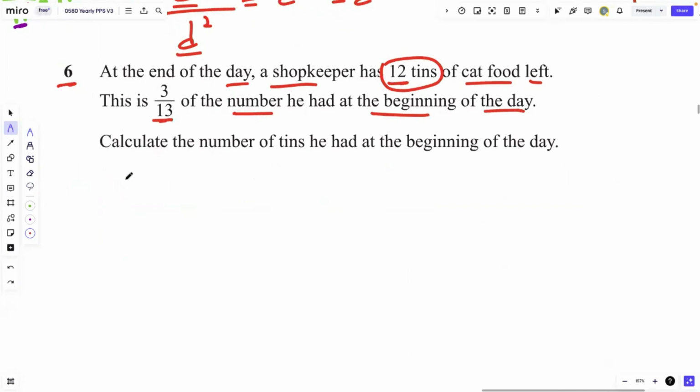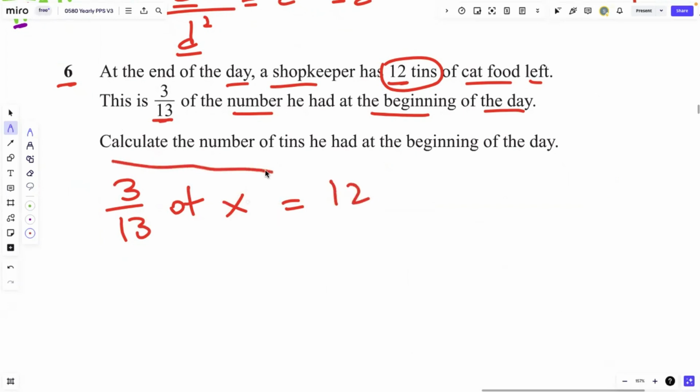It's 3/13 of x, like the total number of tins of cat food we had. The 3/13th of that is left at the end of the day, which is equivalent to 12. This is the expression that we need to make after reading the first two lines. If you're able to make this expression, then you're good to go with this question. There's not much difficulty with this type of question.